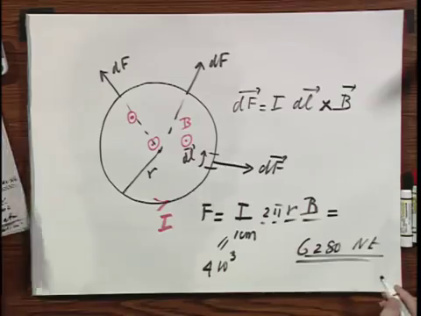This value, however, is definitely too high, because I have assumed now that the individual windings of the solenoid are all completely immersed in that field of half Tesla. And that's not the case, because outside the solenoid, to a reasonable approximation, the magnetic field is 0. And inside the solenoid, it is half Tesla.